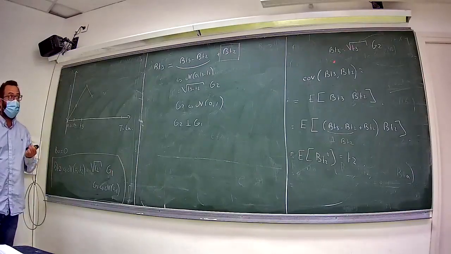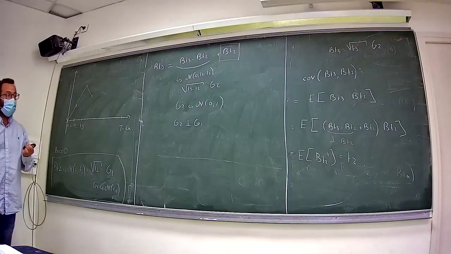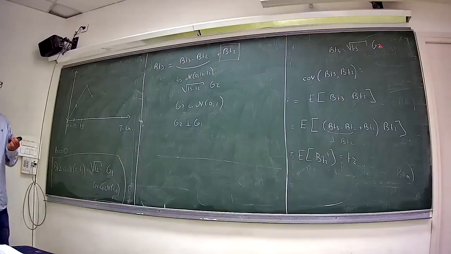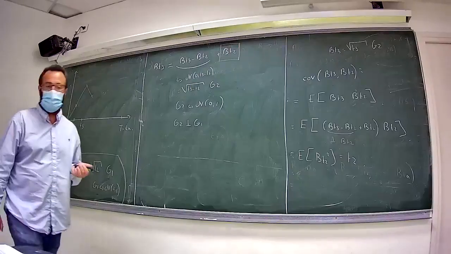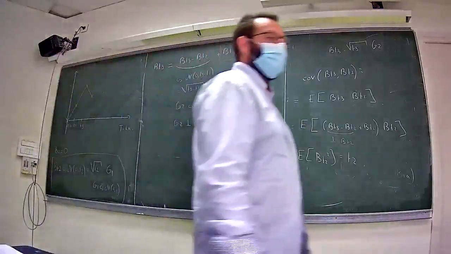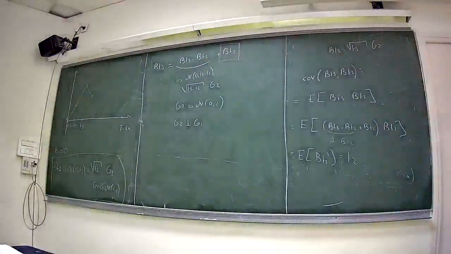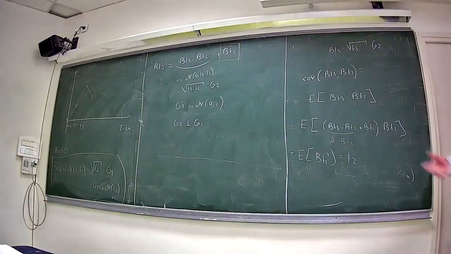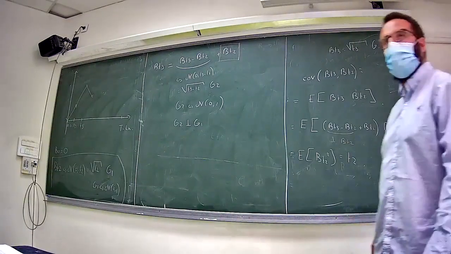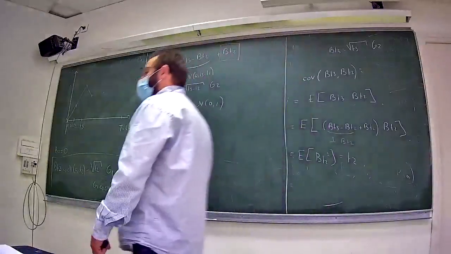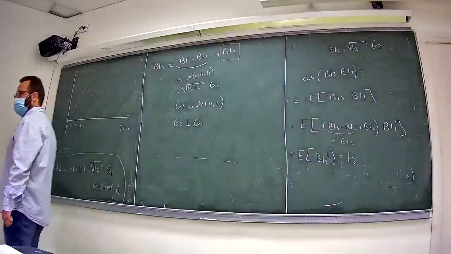So it's possible to do it this way. But if you do this, you have to generate a G2 that has exactly the right covariance with respect to G1. It's possible, but in general, it's not what we do. In general, when you do simulations, you generate, let's say, independent uniform or independent Gaussian variables, and you try to obtain what you want from these independent realizations.